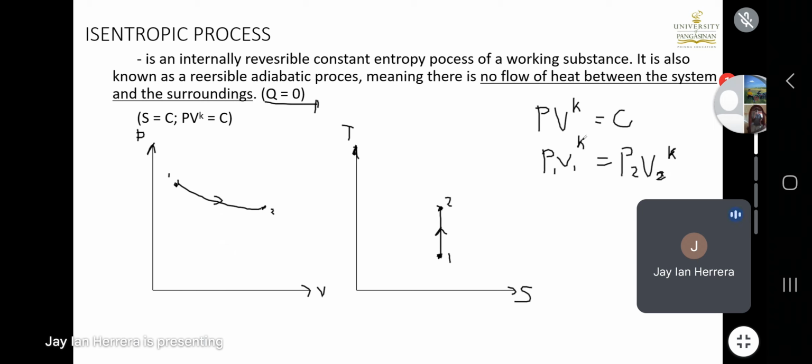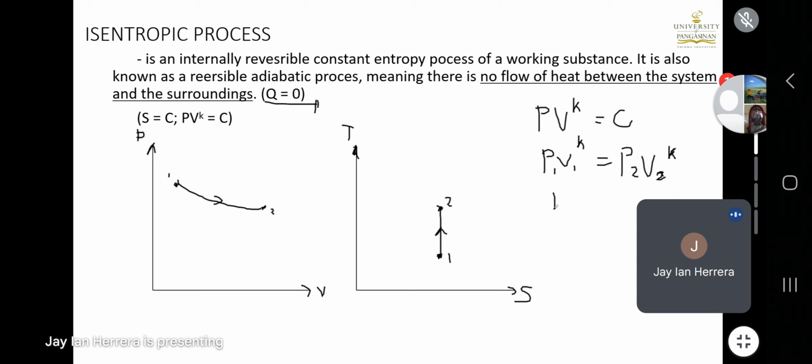Under, lang itong effect lang ng K is CV. So, hindi siya enclosed sa parenthesis. So CV ang apektado ng heat ratio natin or yung K natin. Ito na nag-apply si specific heat ratio.